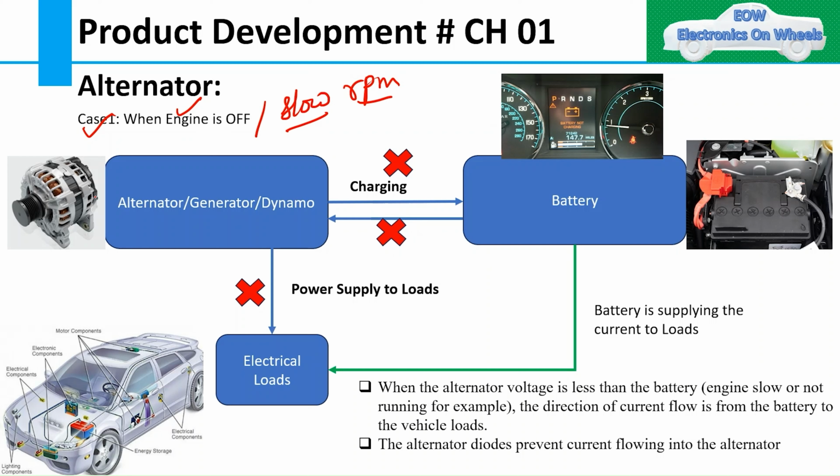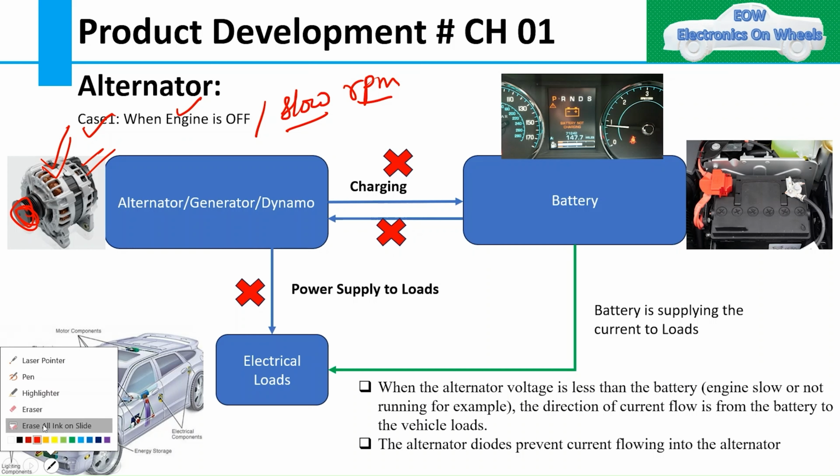It will not start generating electricity at any RPM. You will rotate this, it does not mean that it will start generating electricity. It has to keep some minimum RPM, so that it can generate your voltage or output.